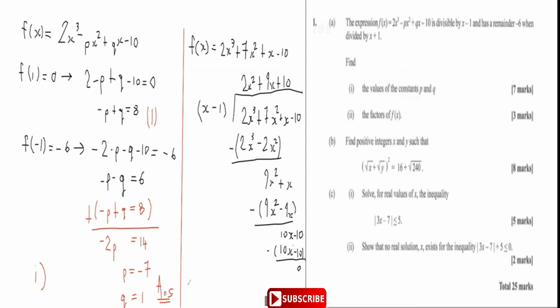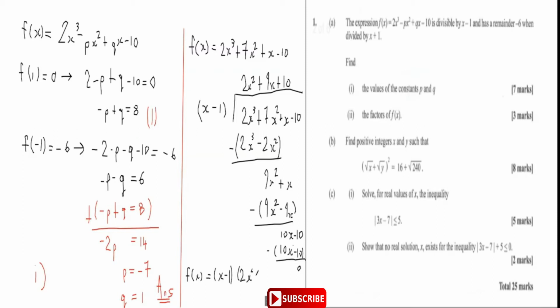So of course we can then rewrite f of x as f of x is now going to be equal to x minus 1 times its quadratic factor of 2x squared plus 9x plus 10.